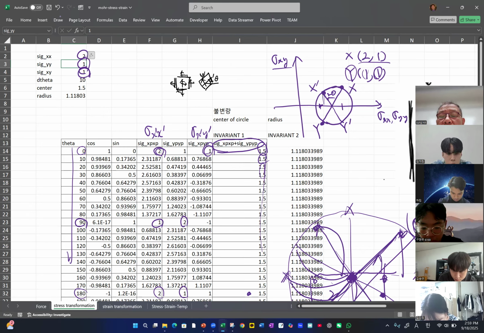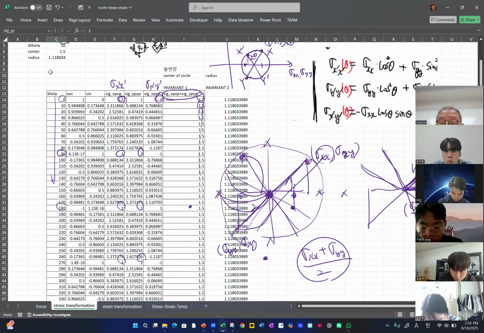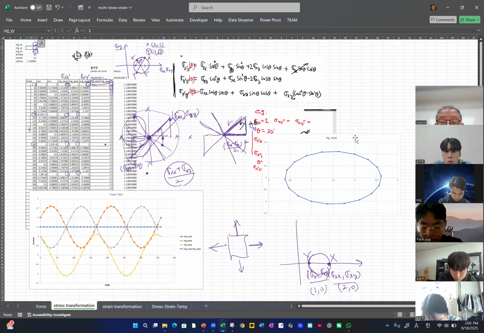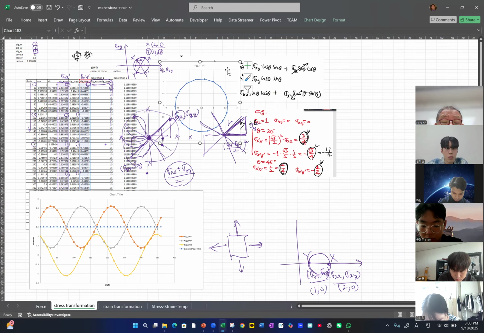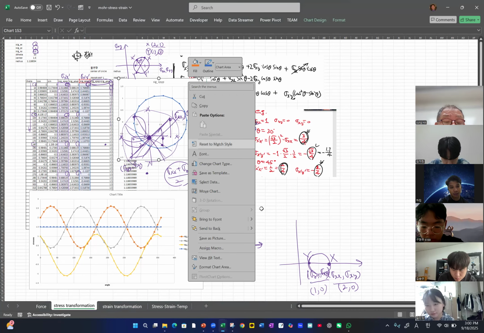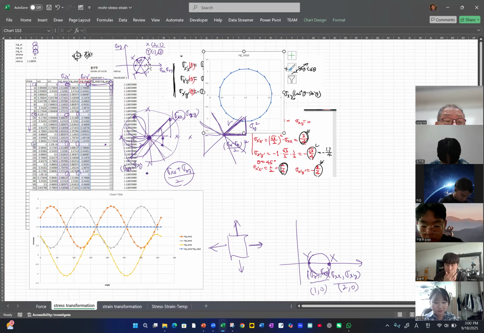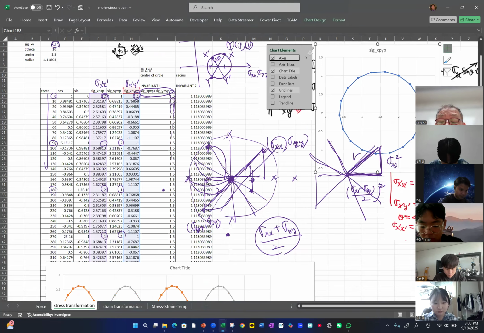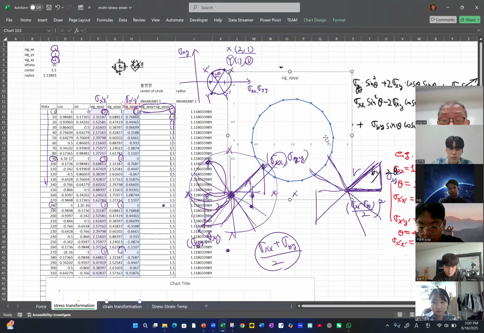So let's confirm that one from the real circle plot. Sorry, a little bit messy here. But trust me, this is exactly the same as what we get here. So 2 and 1, where is it?